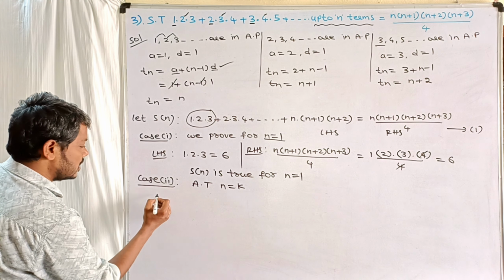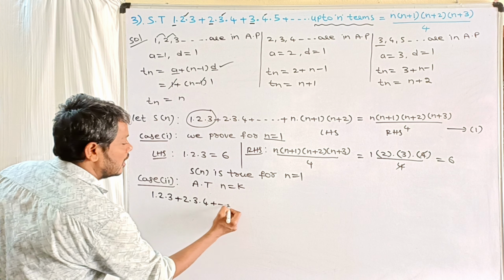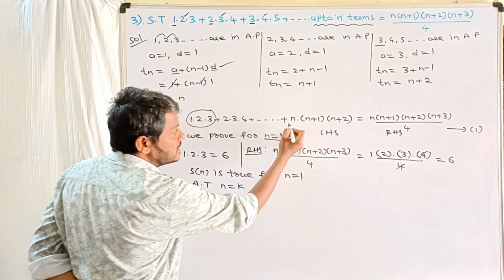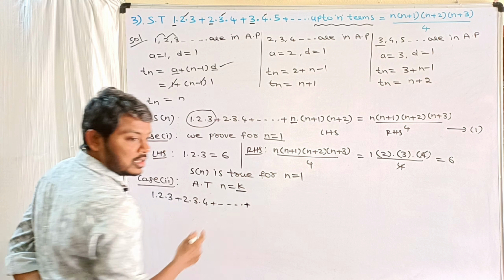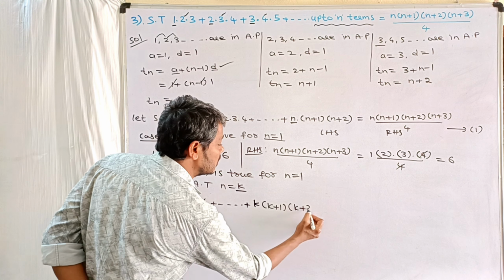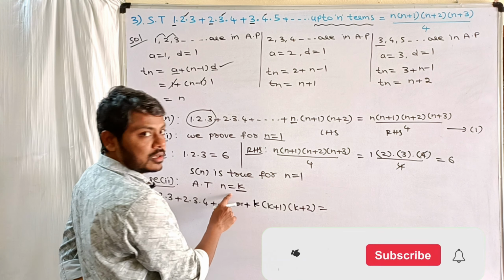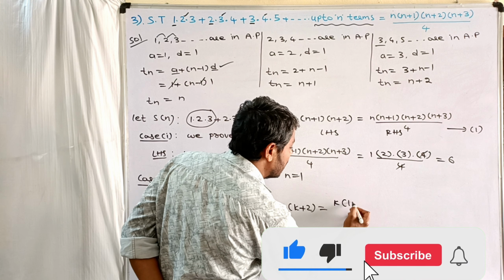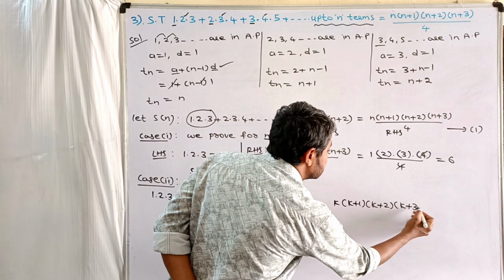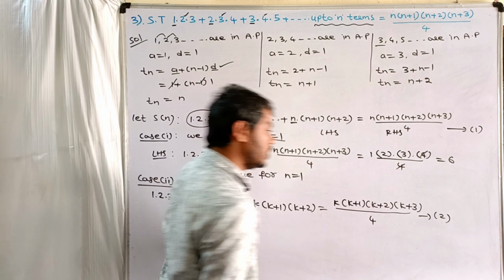That is 1 into 2 into 3 plus 2 into 3 into 4 and so on, plus k into (k plus 1) into (k plus 2), which is equal to, on RHS also replacing n by k, k into (k plus 1) into (k plus 2) into (k plus 3), divided by 4. This is equation 2.